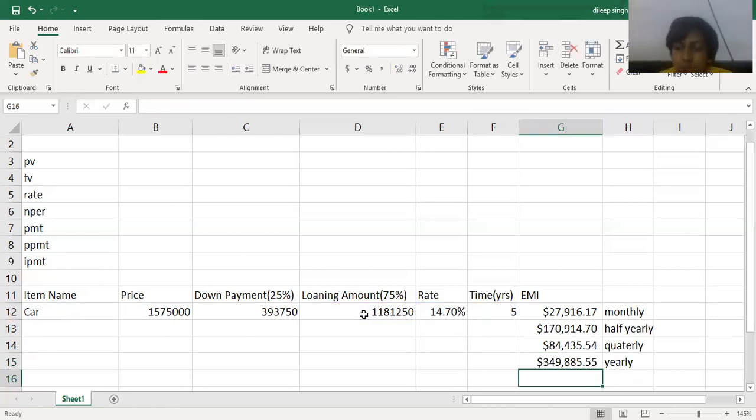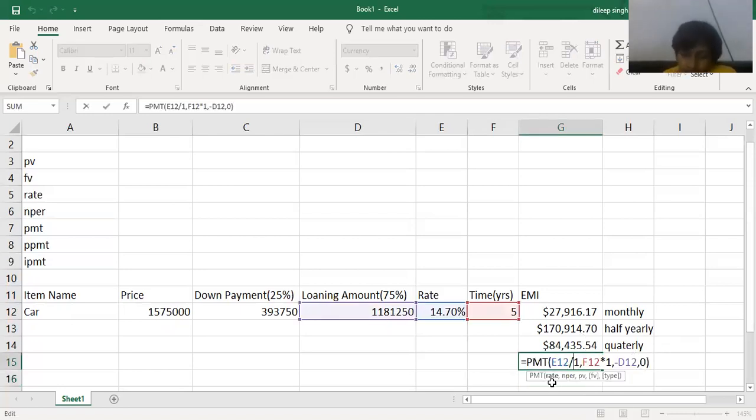Understood? So these are the different types of calculation about the EMI or the loan amount. Just see there, in this function we use rate and PV. PV or FV is the same option. Why? Because if we talk about present value, for example, if I deposit money in a bank, that is my present value.